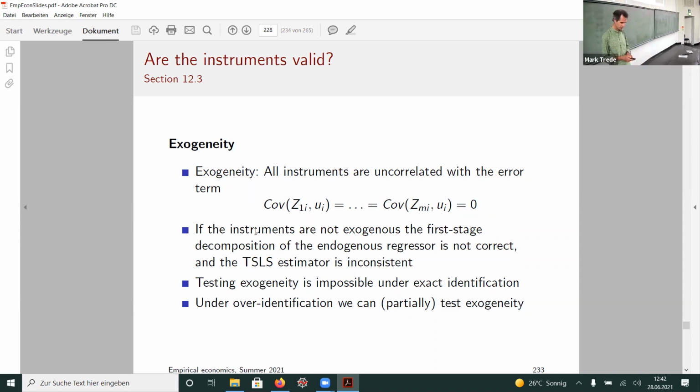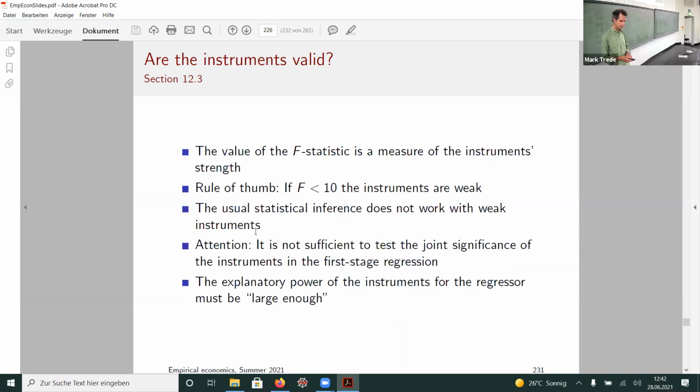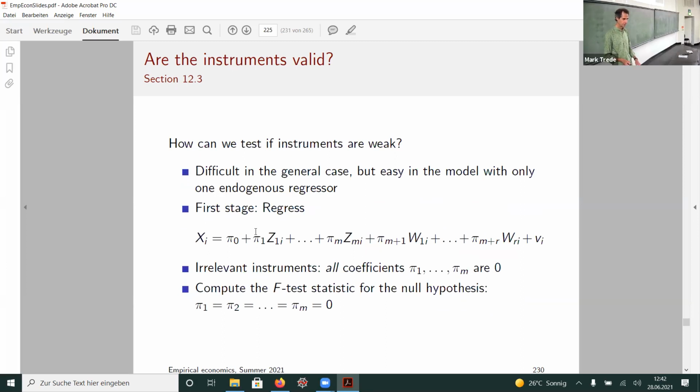Do we have the first stage regression here? No, but we have one here. So what happens if the instruments are not exogenous? That's the first stage regression. Well, if they are not exogenous, then any of these instruments is correlated with the error term. And that means that we have an endogeneity problem in the first stage.